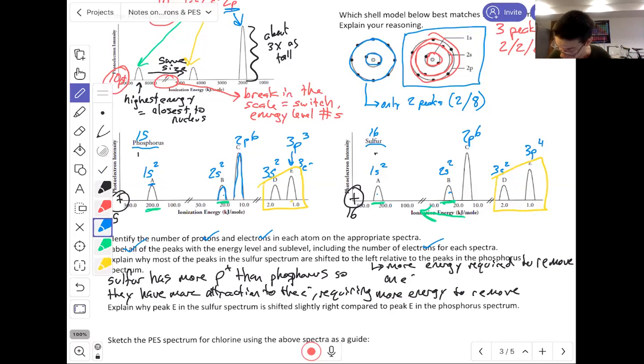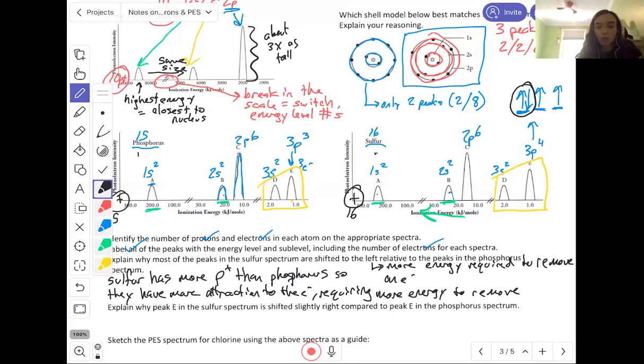So this 3p4, you have to remember that p has 3 orbitals, right? 1, 2, 3, and then that one comes back 4. What are these 2 electrons doing to each other? Pushing each other away.